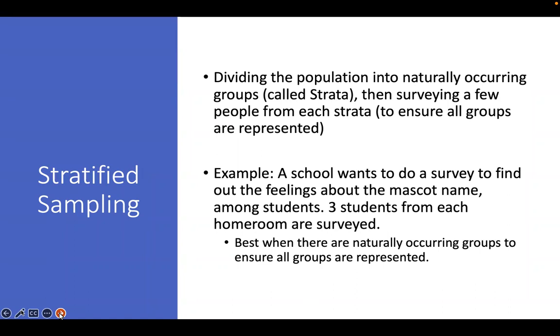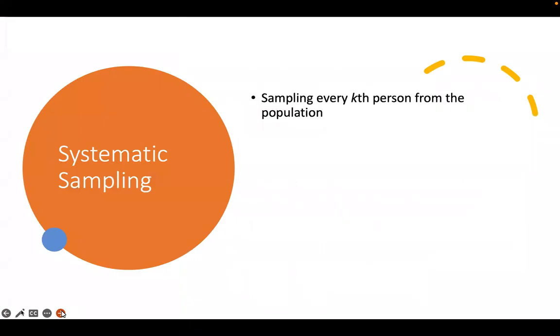More than likely, homerooms are by grade, so the same basic age of students, and hopefully we get a decent representation of students in that school by surveying 3 from each homeroom. So this is a pretty good way. If you can do it, stratified sampling is a pretty good way.